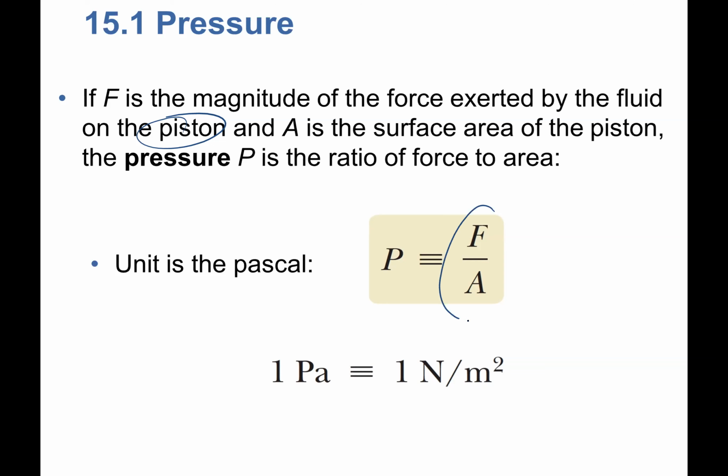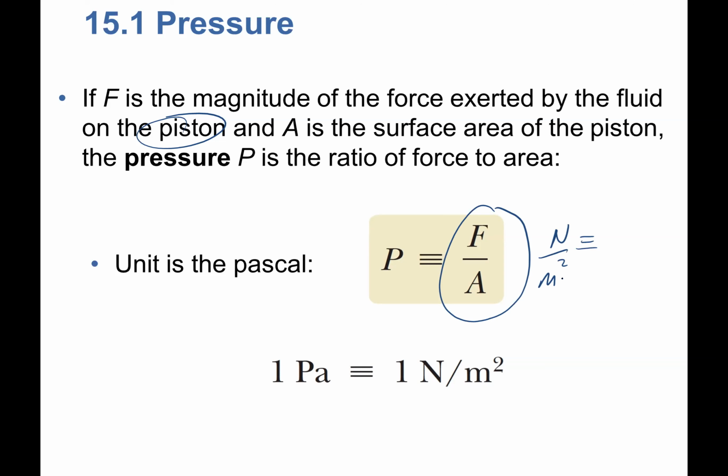So this ratio of applied force divided by the area is what we generally define to be pressure. That means pressure is nothing but force acting on some area A. That's why the units are newtons per meter squared: force in newtons, area in meters squared. But we don't use this.